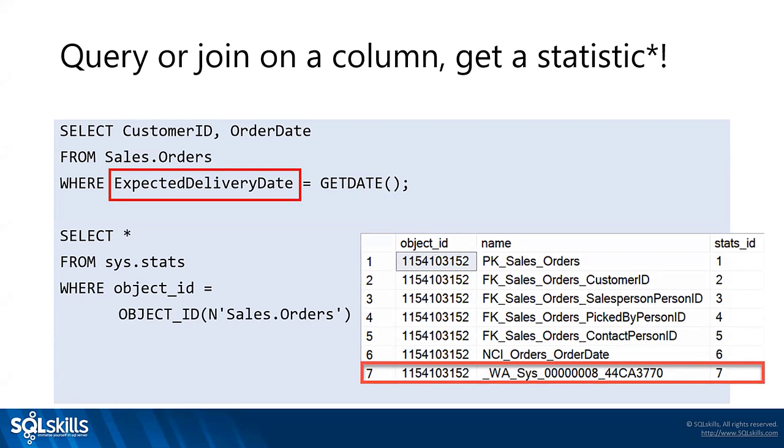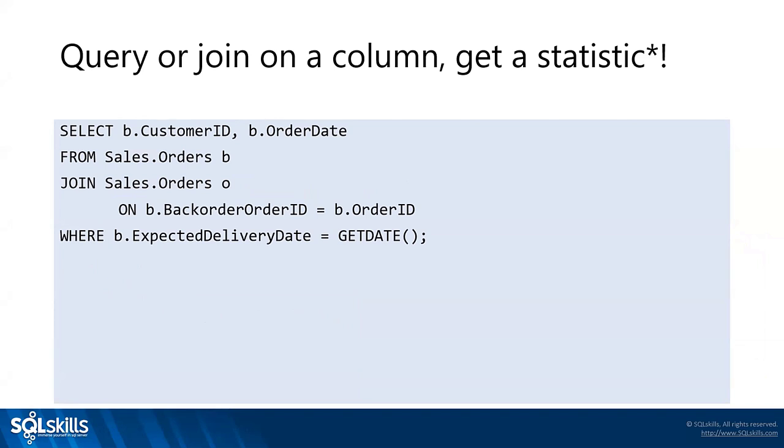And I know that it's automatically created because of the naming convention. Nobody would probably ever name their statistic _WA_sys and then the numbers and letters that you see after it. So when you see that prefix, you know that it's a system created column level statistic. And not just when we query those columns, but also when we join on those columns.